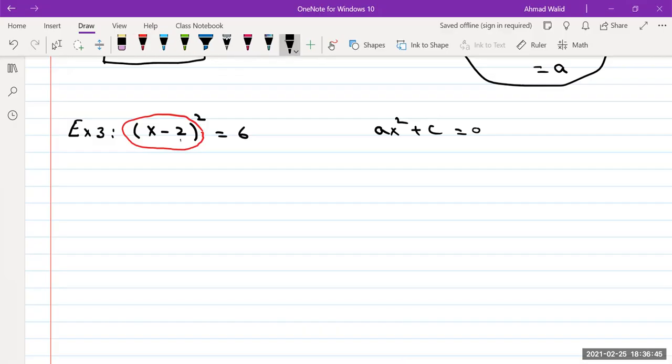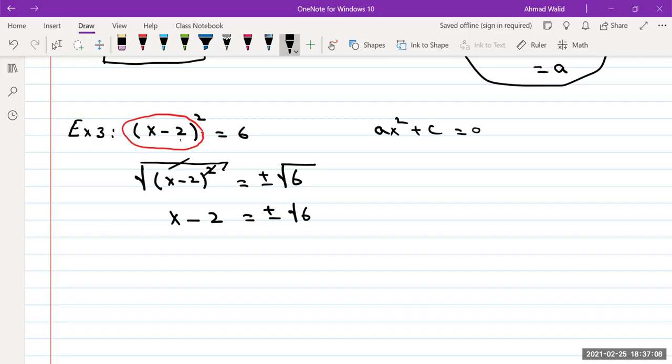Take the square root from both sides immediately. The square root of (x minus 2) squared equals plus minus the square root of 6. Here, the square root cancels out with the square sign, then x minus 2 equals plus minus the square root of 6.